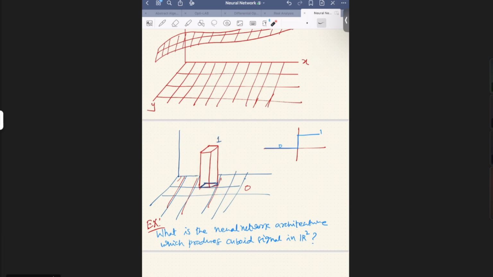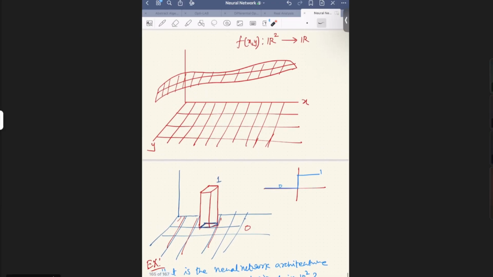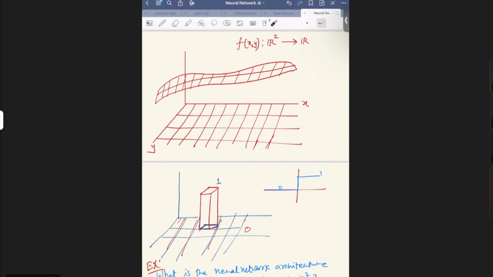And if you allow the sigmoid, here again the cuboid will turn its shape into some kind of smoothed cuboid. I don't call it a cuboid, some kind of smoothened version of the pillar, that is a brick, you can say.